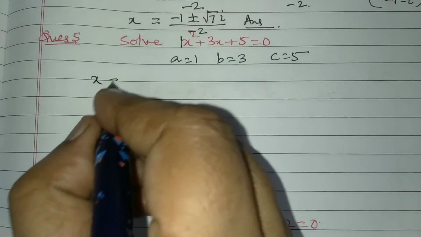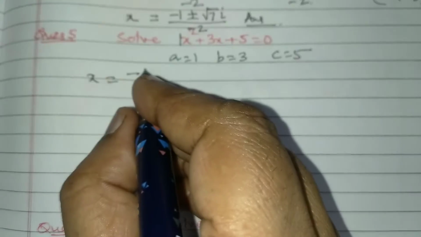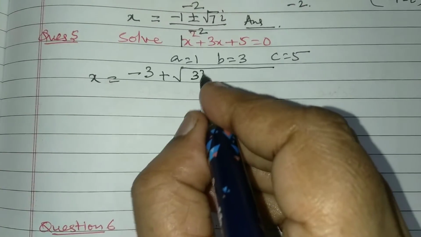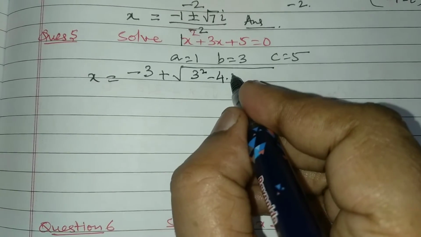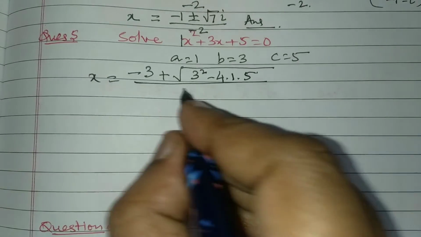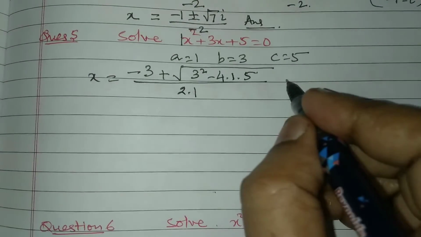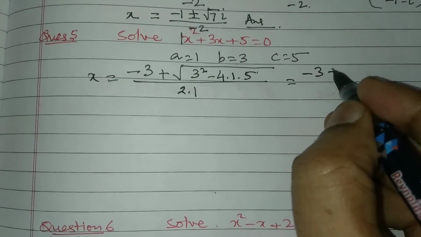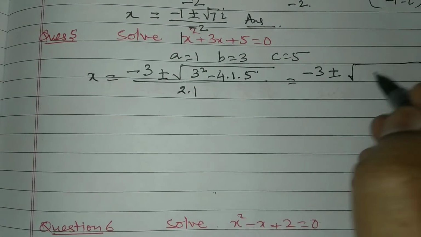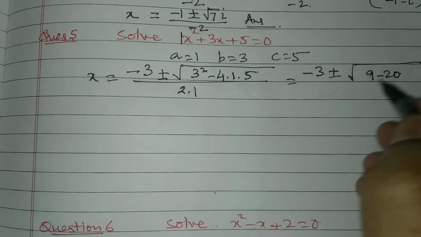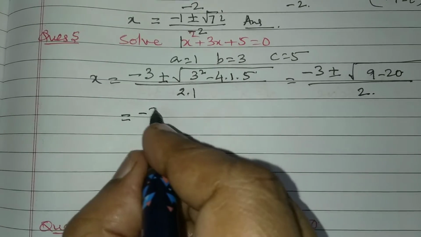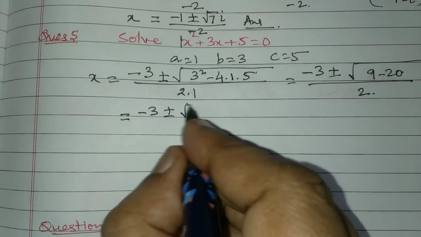Now x is equal to minus b, that is minus 3, plus minus root under b square minus 4ac, divided by 2 into a, so minus 3 plus minus root under 9 minus 20.